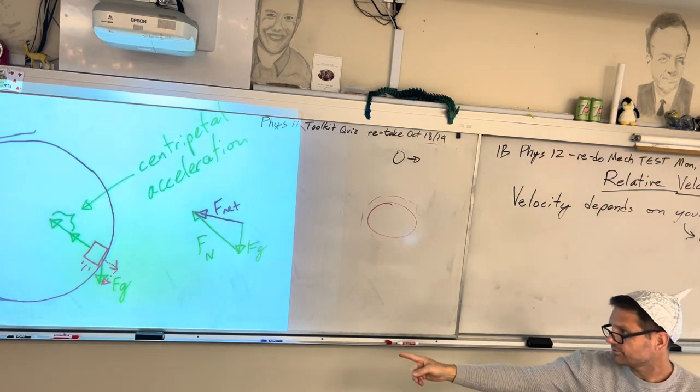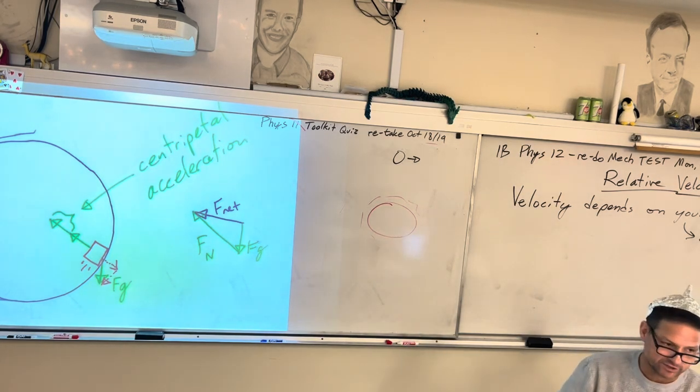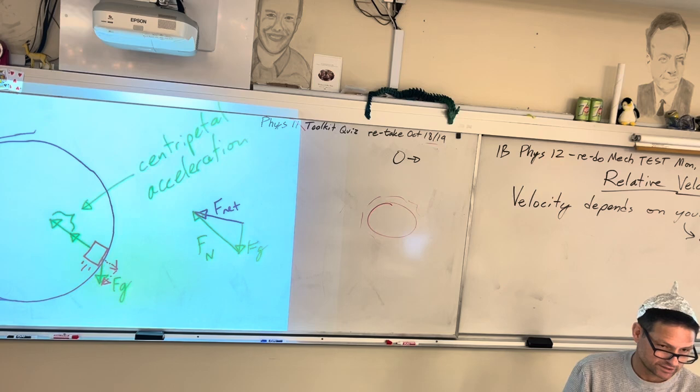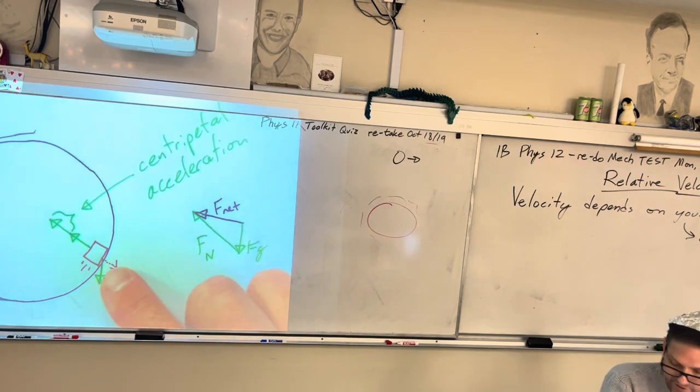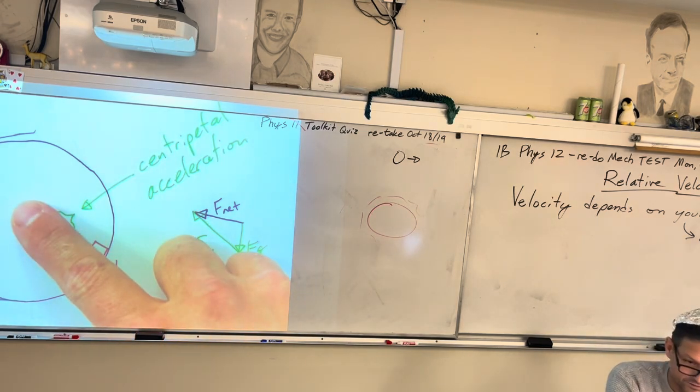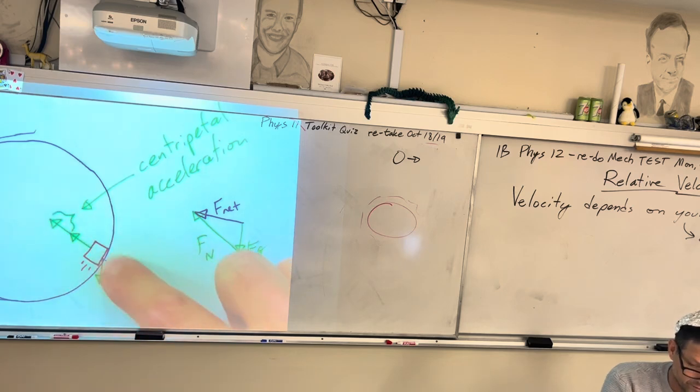Are we gonna be able to maintain our linear speed around the track? I don't think so. Is it gonna speed up or slow down? It's gonna slow down. Is this thing gonna fly off the track? No. Is it gonna break through the track? No. Not if it's strong enough.